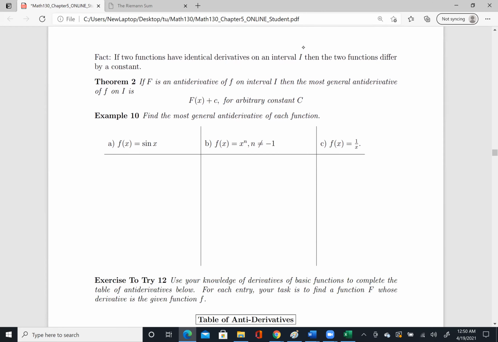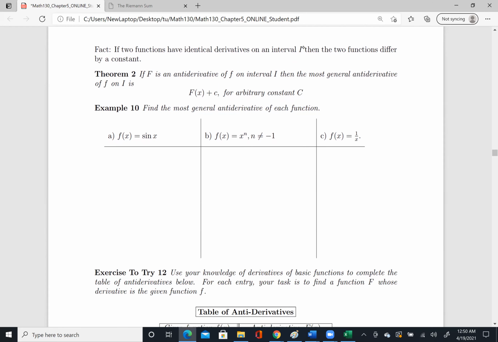A fact: if two functions have identical derivatives on an interval I, then the two functions differ by a constant.